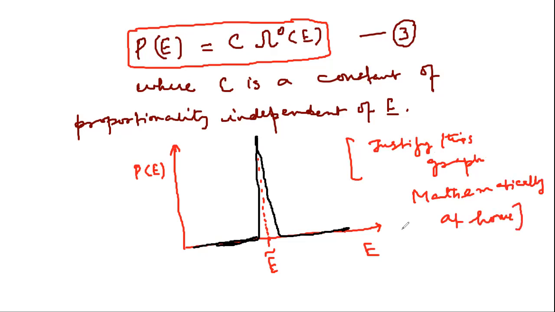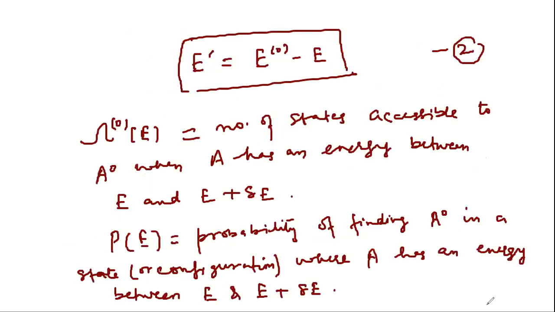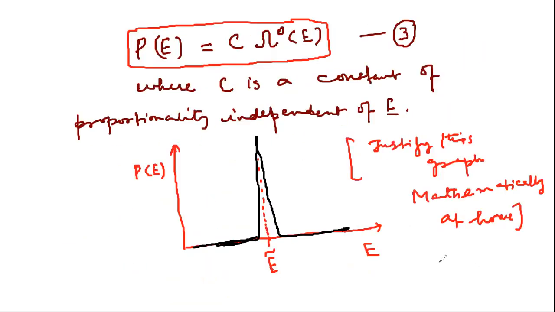That means you have to check how this comes about using this equation 3 or other equations which we have written, right? So it has a sharp peak. It peaks at some value of energy which we name E curly.